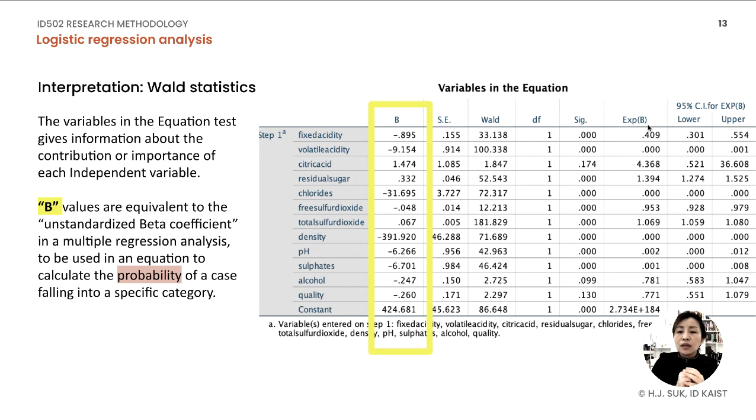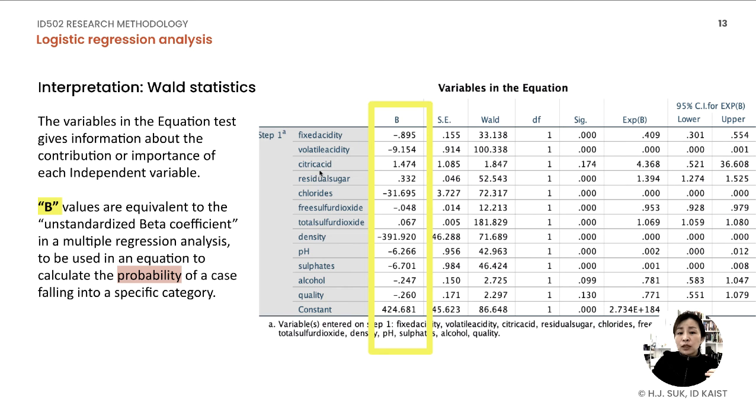Okay, and this EXPB is telling you that it's the exponential score. So if it is smaller than 1, then its contribution is toward 0. Zero has been red wine, right? And toward 1 was white wine. So if more citric acid, then it is bigger.